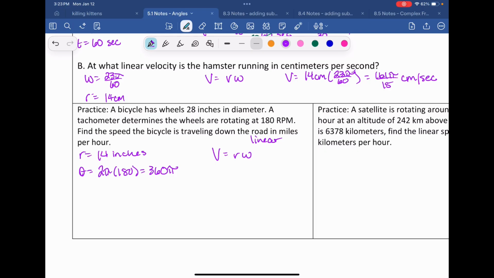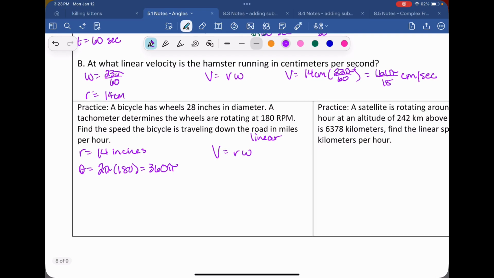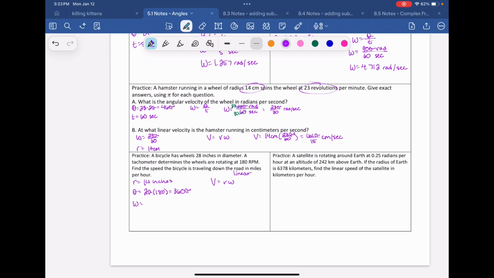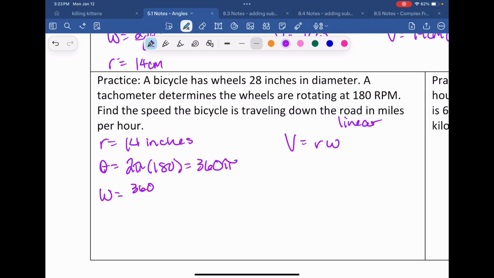So omega equals theta divided by time. So 360 pi. All right, so I'm going to keep omega as 360 pi radians per minute.